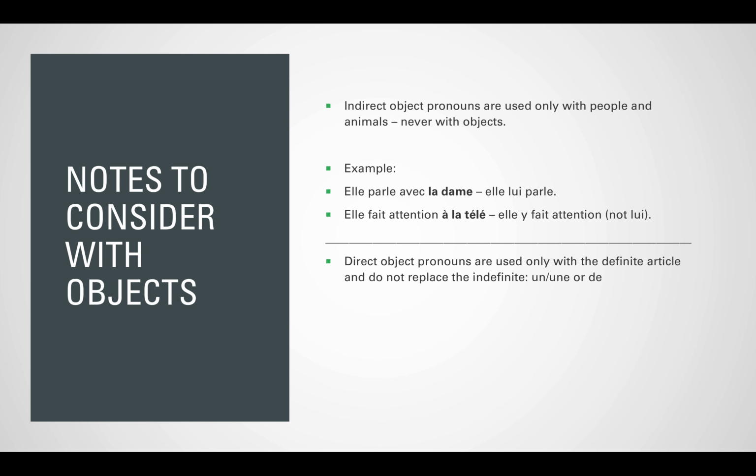Now, there's another little thing with the direct object pronouns that I don't think we touched on yet, but it's just, little by little. They are only used to replace your definite article le, la, and les. They don't replace anything that starts with an indefinite article, which is un, une, or du, de la, de l', whatever. Anything a derivative of de plus an article.